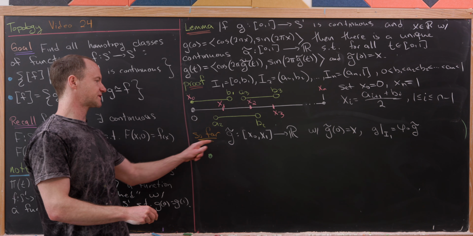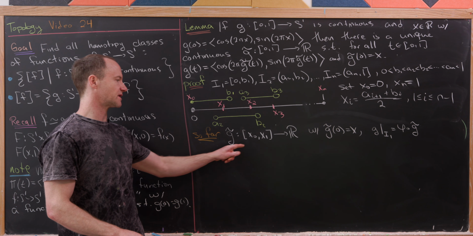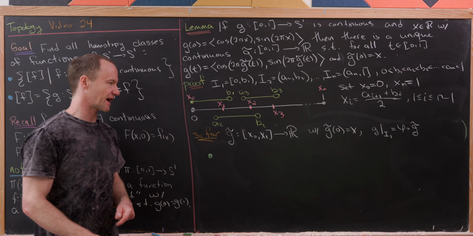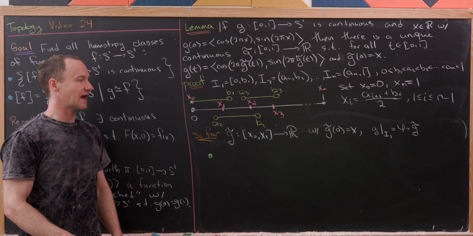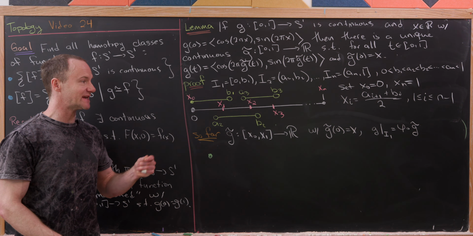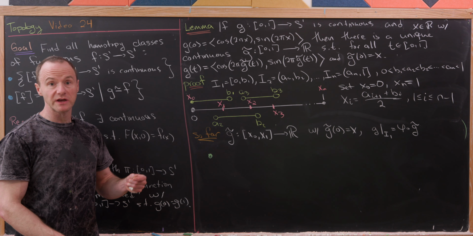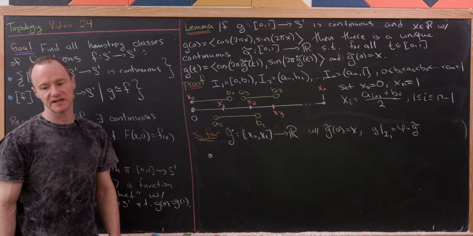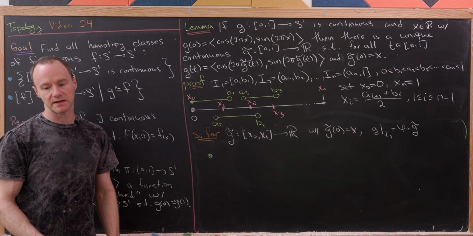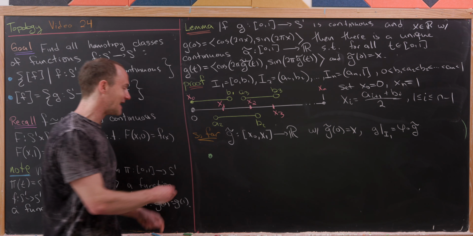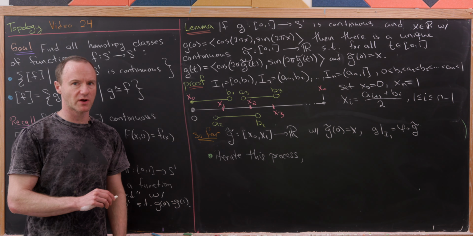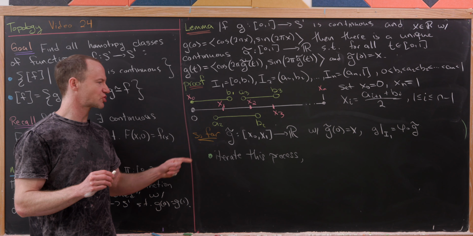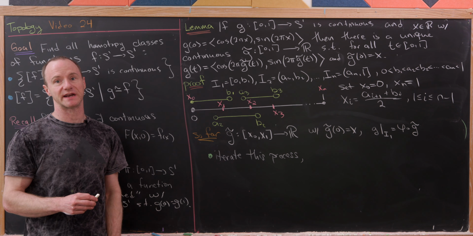So to reiterate, so far we've constructed this G tilde from our interval x0 to x1 into R, where G tilde of 0 was x. And if you restrict G to I1, you get phi composed with G tilde. Nice. But now the idea is to iterate this process. But every time we iterate this process, the roles of our choices from the first step are going to change.